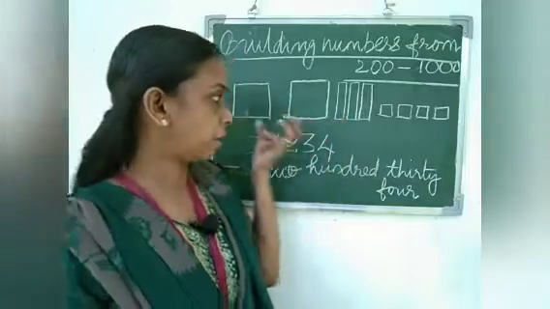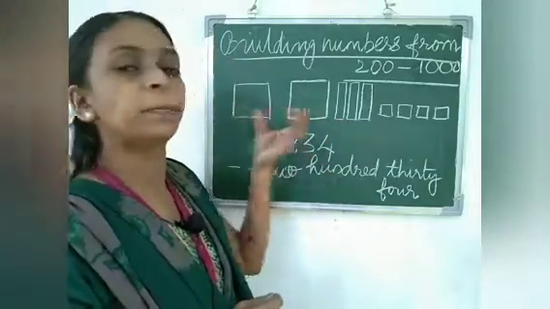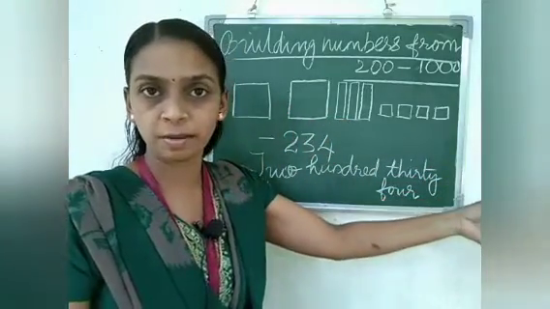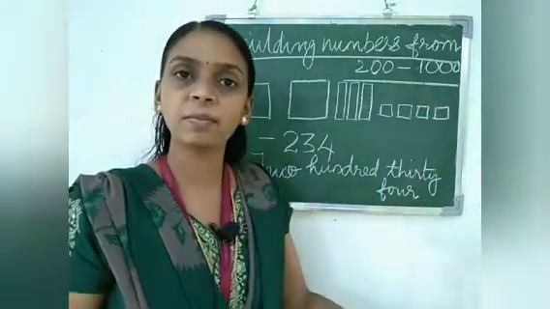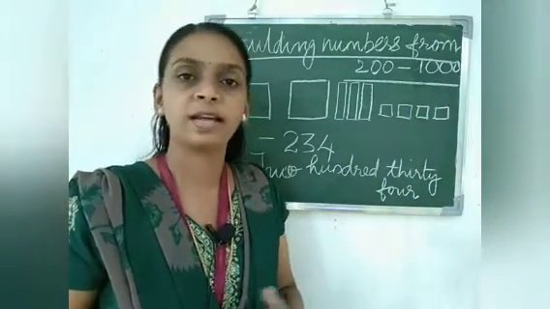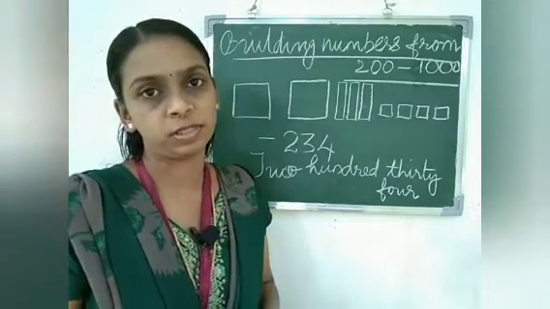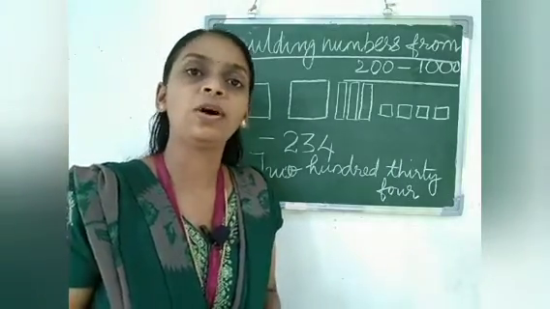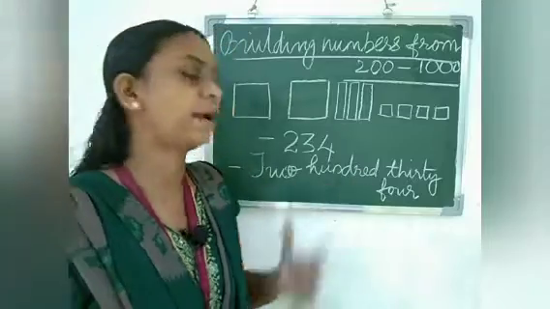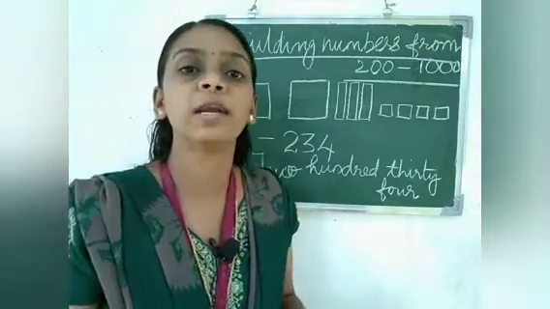First I drew the picture representation of the number. From that picture representation we wrote the number and we also wrote the number name of that number. Now we will look at how we will represent this 234 on a place value chart.